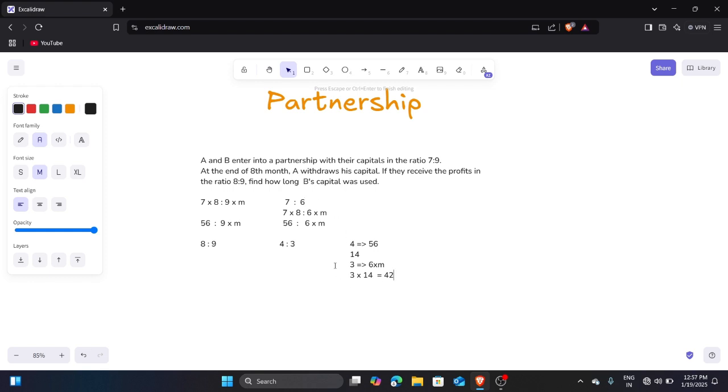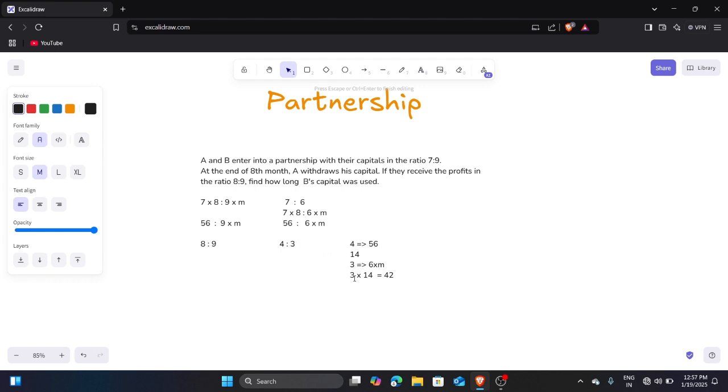Now you know what I had done here. If we know this side value, when you multiply 14 with 4, then this number comes. Similarly, if you multiply 14 with 3, then this number comes.